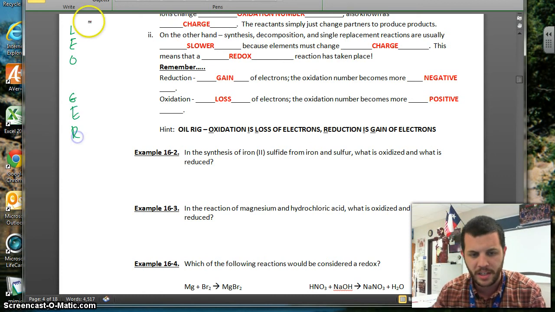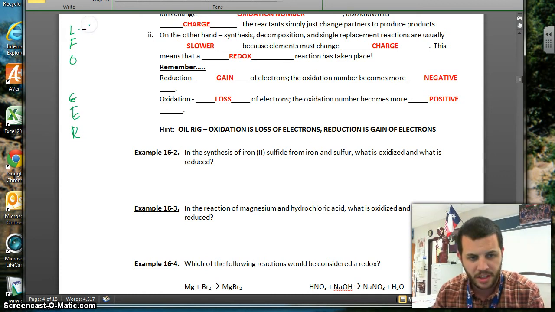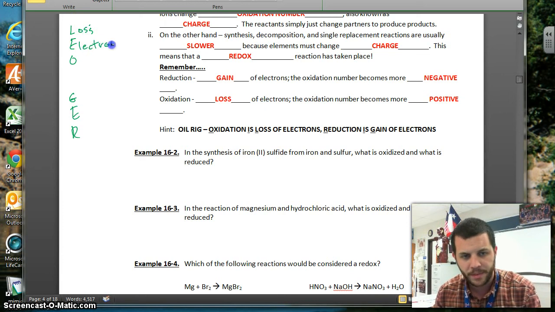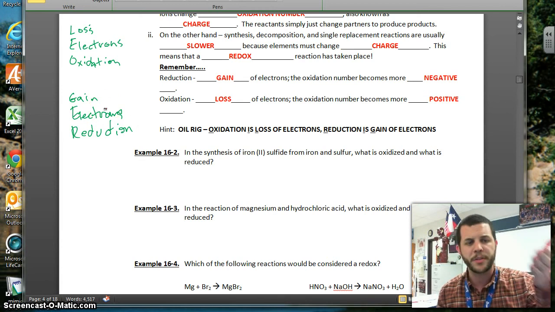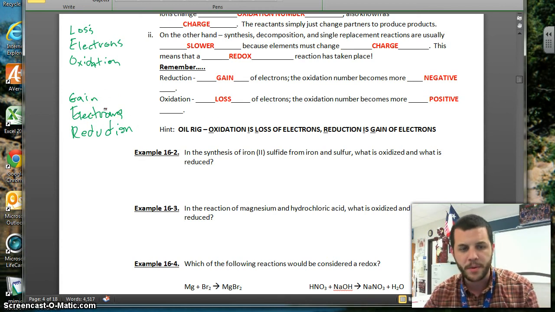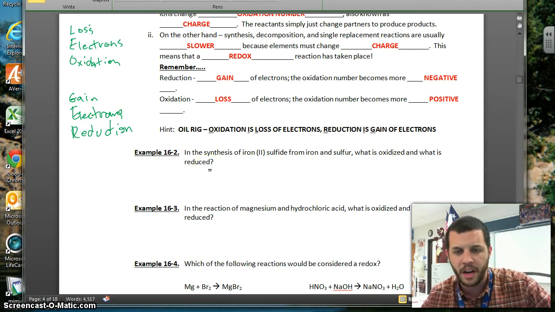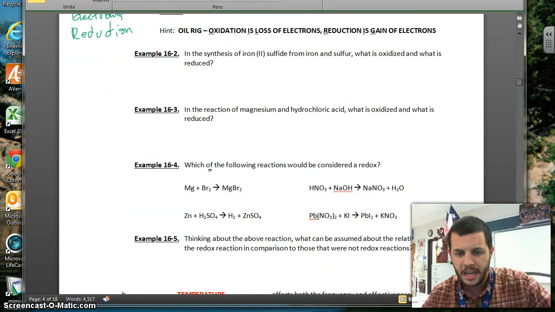We've already done this one once, so this stands for the loss of electrons is oxidation. The gain of electrons is reduction. And remember, when we're talking about reduction, we're talking about the reducing of the charge, not the reducing of the number of electrons.